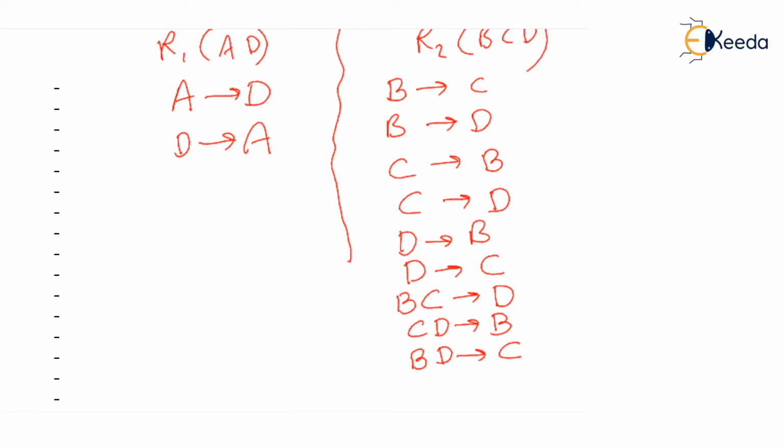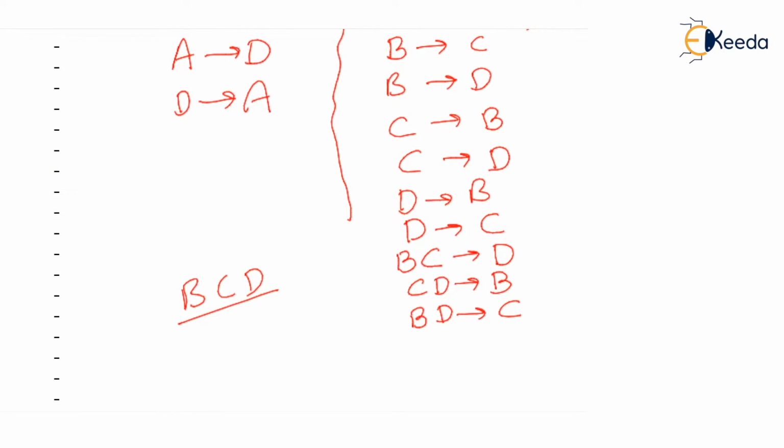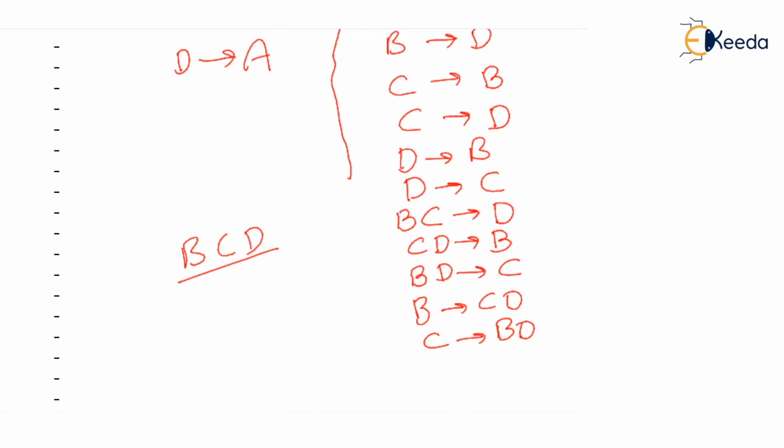I hope you are understanding. So out of B, C, D, the three attributes, we can have two attributes on the right hand side and one on the left. So we can have the dependency B determines CD, or C determines BD, or we can have D determines BC, correct or not?